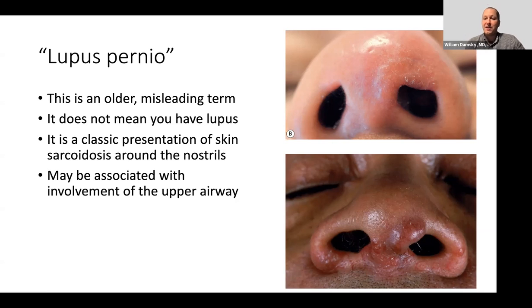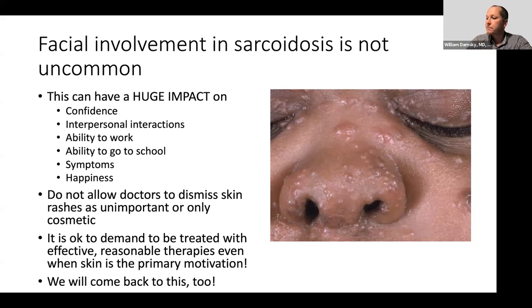It means that you actually have this particular manifestation of sarcoidosis, where you have these skin lesions or rash around the nostrils. And this may be associated with involvement of the airway as well. And so dermatologists may use this as a sign to suspect that and evaluate patients further.